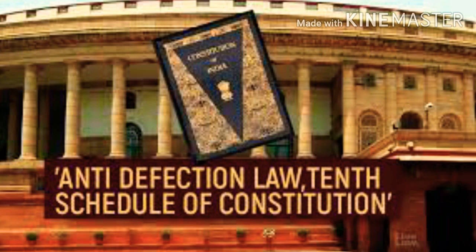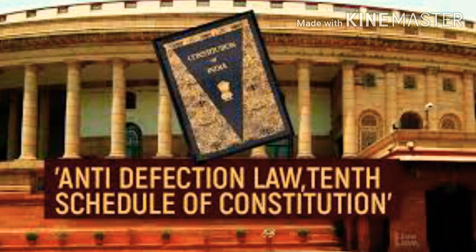The constitution was amended to prevent elected MLAs and MPs from changing parties, because defection created a serious problem in our coalition governments. Elected representatives were indulging in defection, that means changing party allegiance, from one party to another in order to become ministers or get cash rewards. That is known as defection. So our constitution was amended with the help of the Anti-Defection Law.